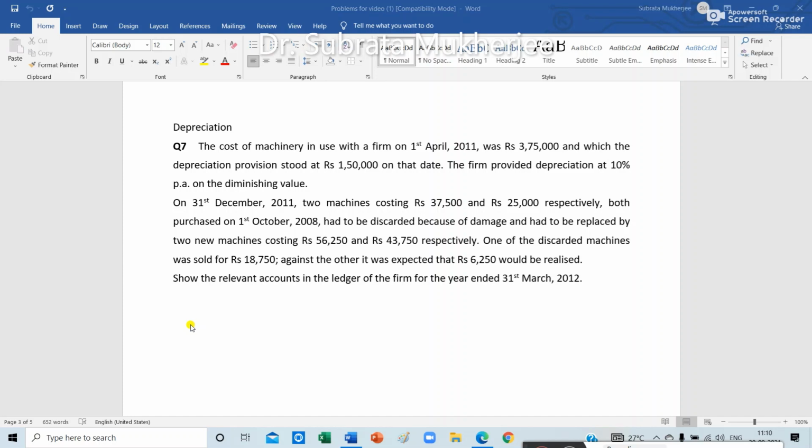One of the discarded machines was sold for rupees 18,750. Against the other, it was expected that rupees 6,250 would be realized.